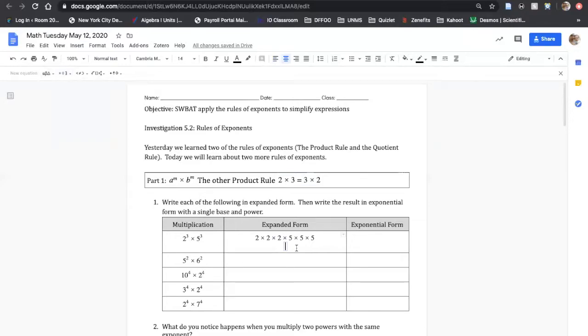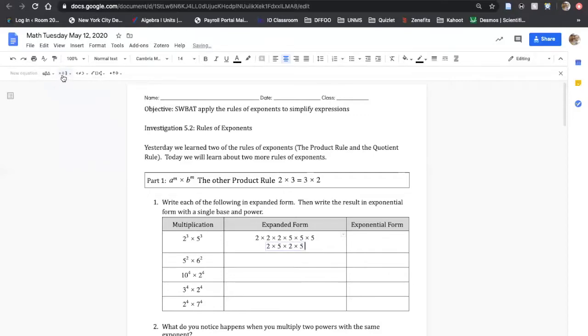So I'm gonna start with the first 2 multiplied by the first 5. So 2 times 5 multiplied by the second 2 times the second 5.